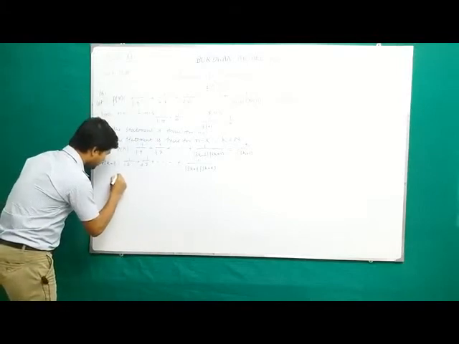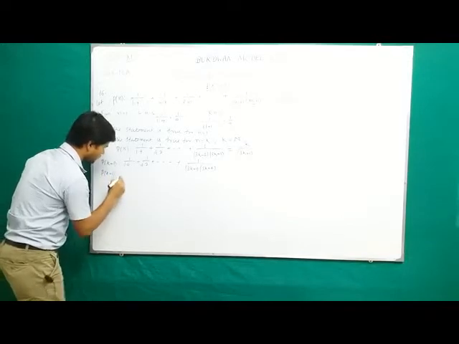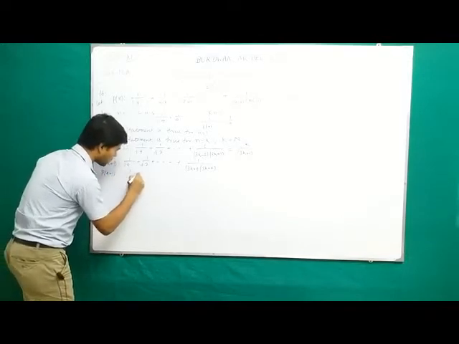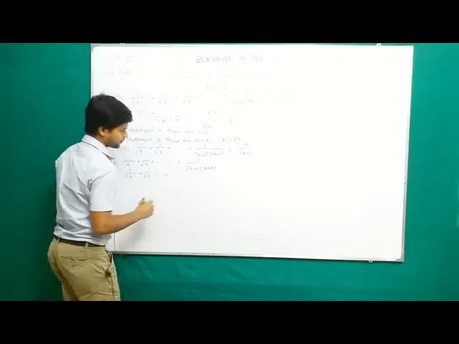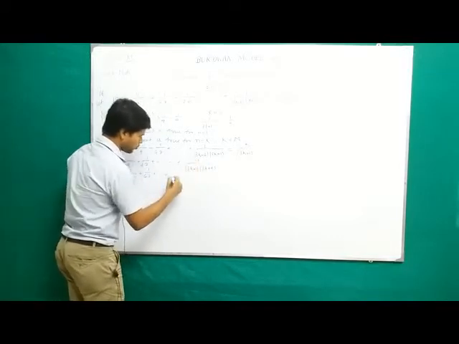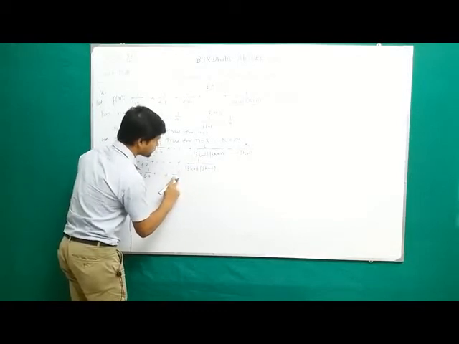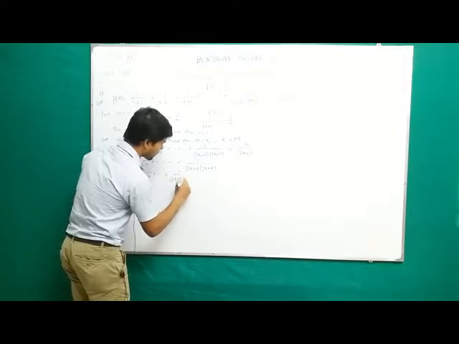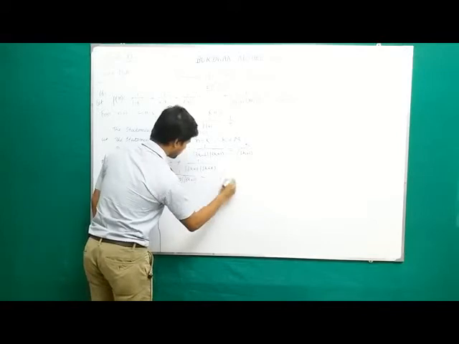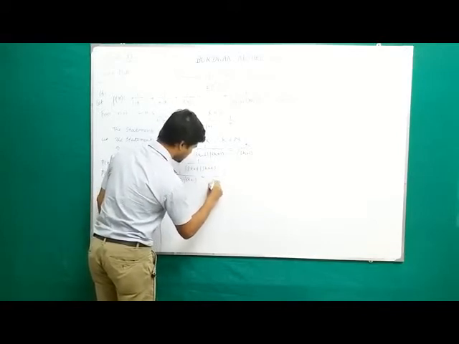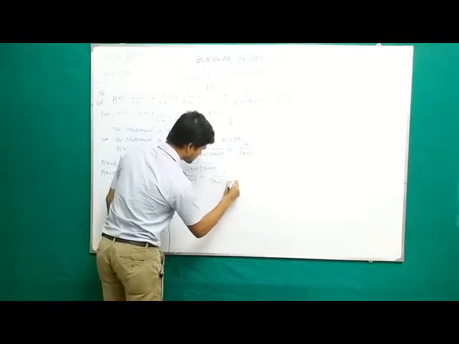That can also be written as 1 upon 1 into 4 plus 1 by 4 into 7 plus ... plus the previous term, 1 upon (3k minus 2) into (3k plus 1), plus 1 by the last term, (3k plus 1) into (3k plus 4).